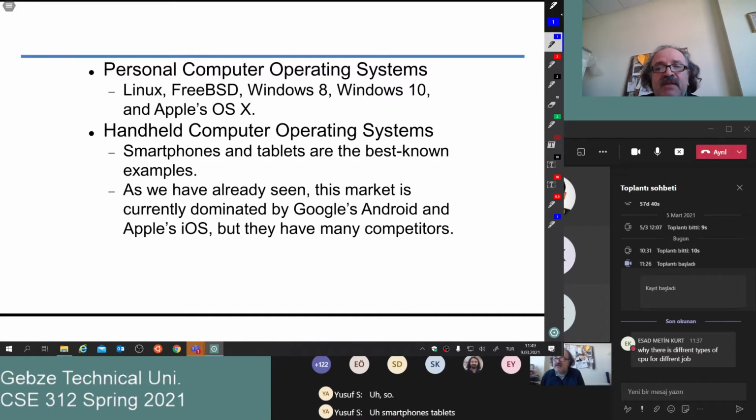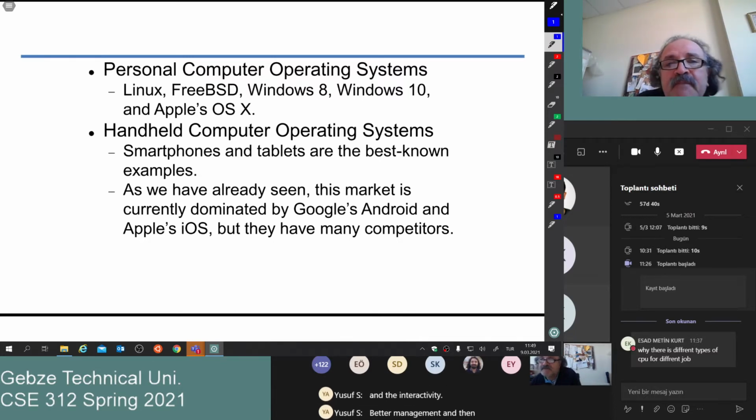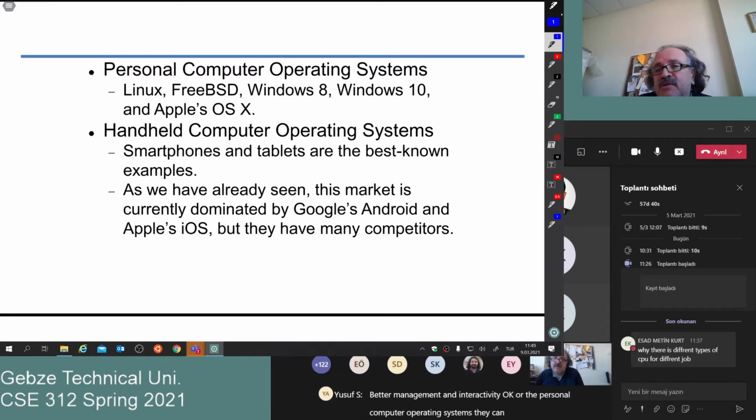The most important thing for these kinds of operating systems is battery management and interactivity. For the personal computer operating systems, again, interactivity is very important. Satisfy the needs of end users. They don't want to wait. When they click on something, they expect the results immediately.